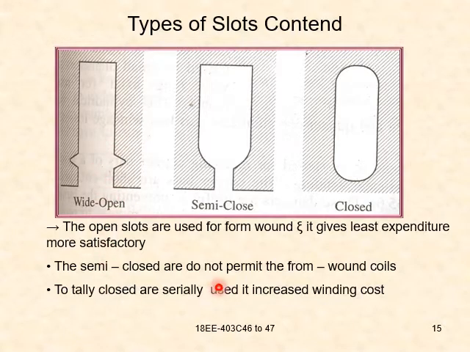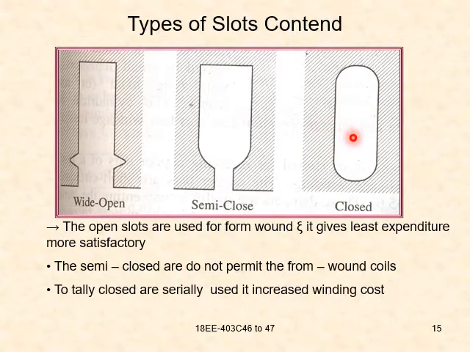And the semi-closed do not permit the form wound coils. So from this to this, it won't be very easy to insert form wound coils. And totally closed slots are seldom used, with increased winding cost.